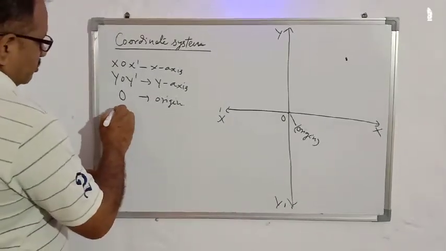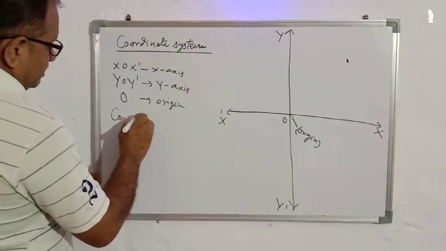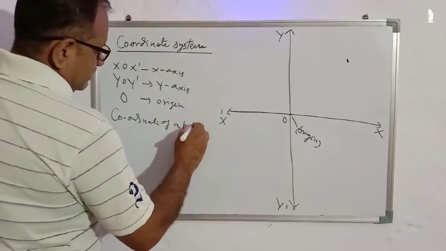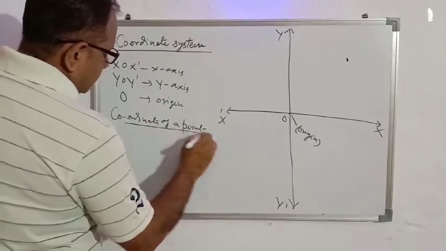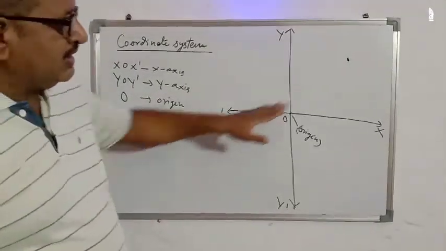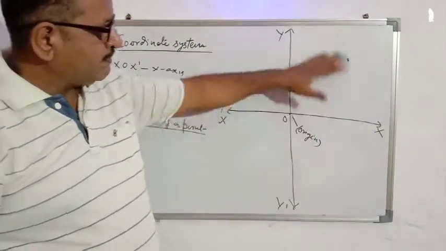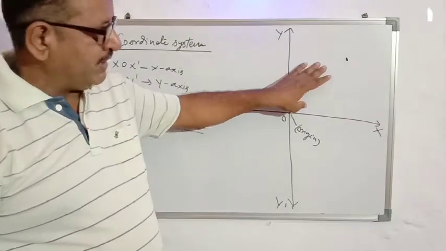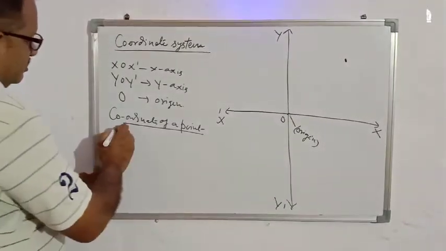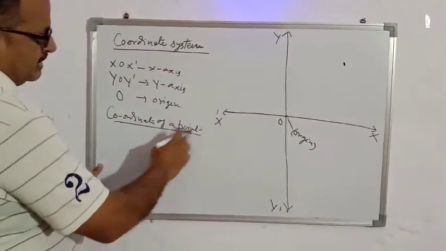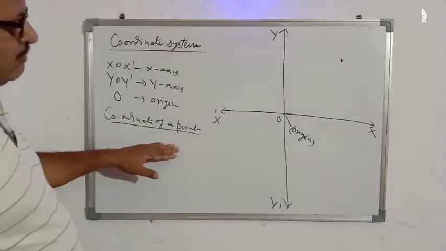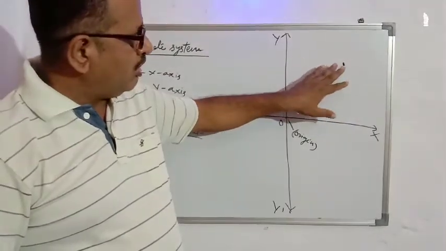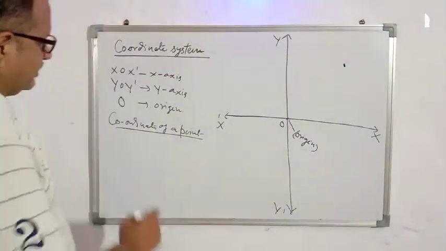Next point, coordinate of a point. What is the meaning of coordinate of a point in the Cartesian plane? The plane in which the x-axis and y-axis are drawn is called the Cartesian plane. The coordinate of a point tells the exact location, the exact position of any point in this plane.